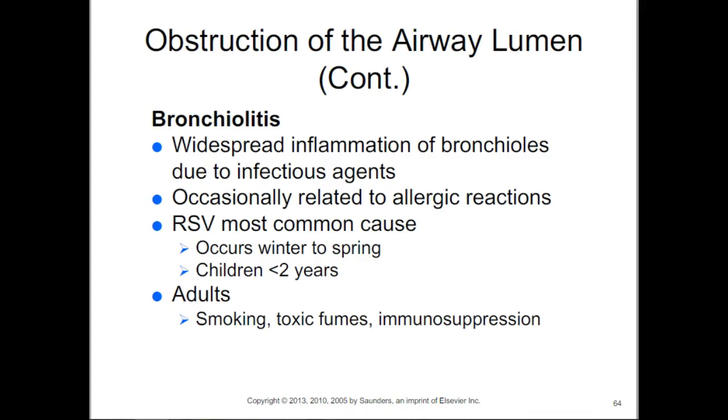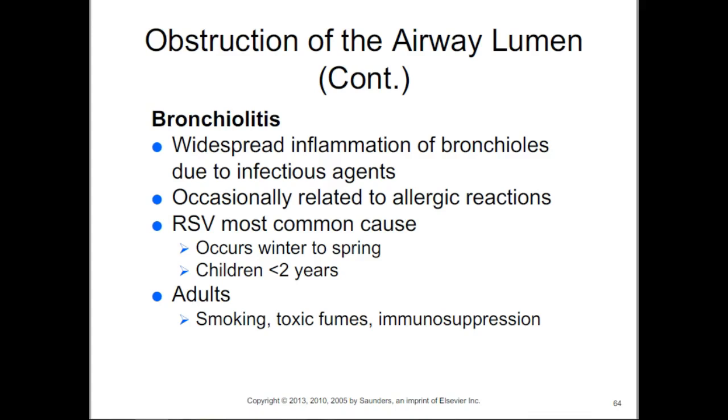Respiratory syncytial virus, which is the most common cause, is going to be high in the population around the winter to spring months, and it's very, very common to see RSV attack children under the age of 2 because they have no natural immunity to that and they've never been exposed to it.